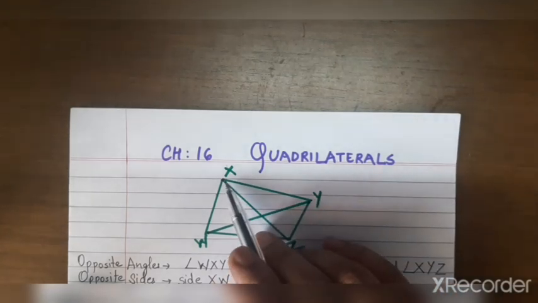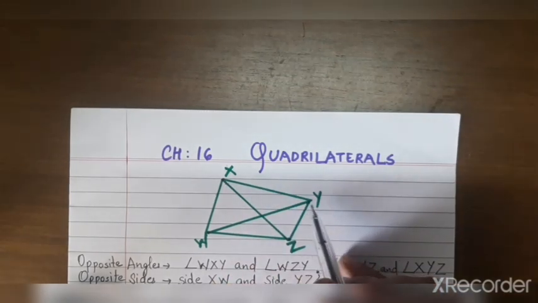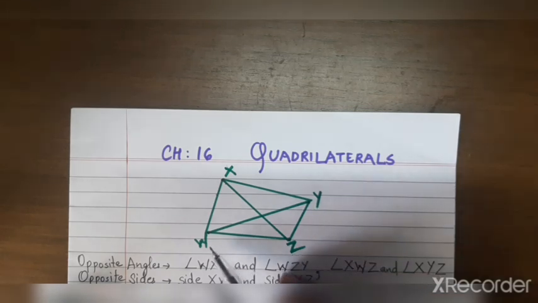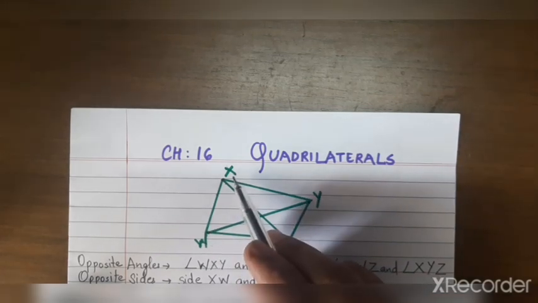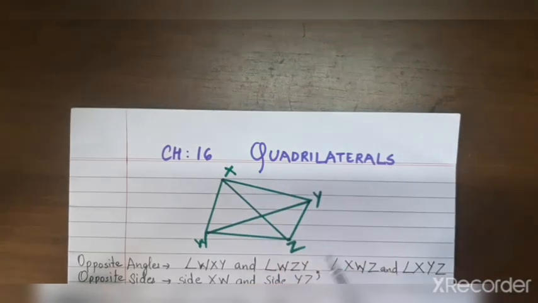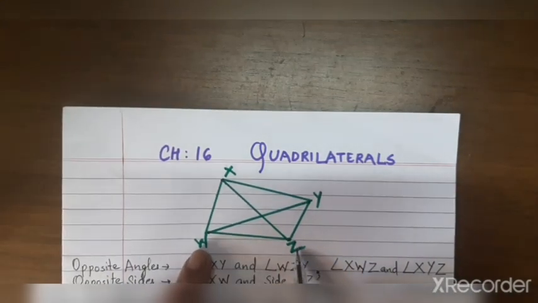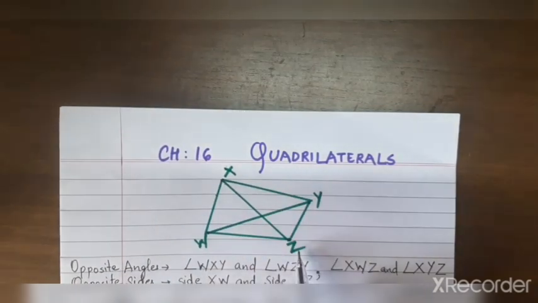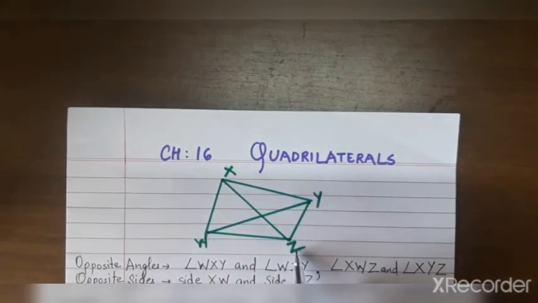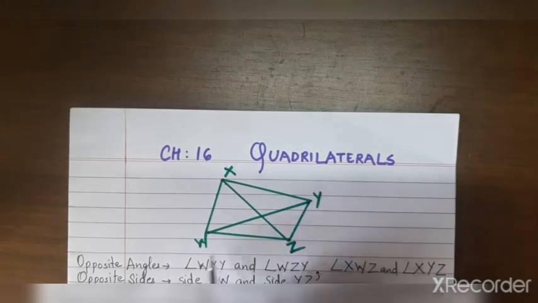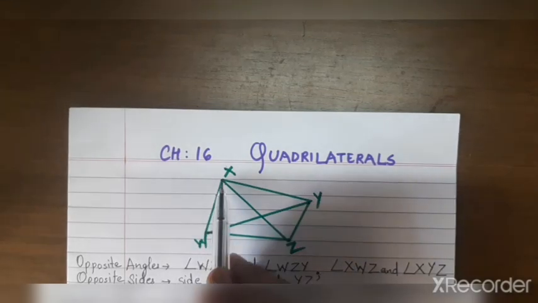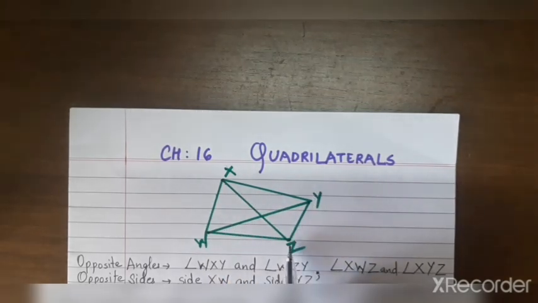We finished X, no? Now start with Y, clockwise. Y, Z, W, X. Next will be Z, W, X, Y. And the fourth one, W, X, Y, Z. So these are all clockwise.